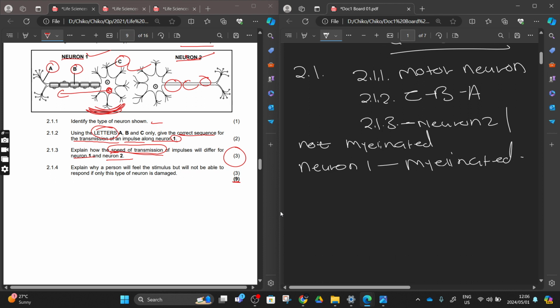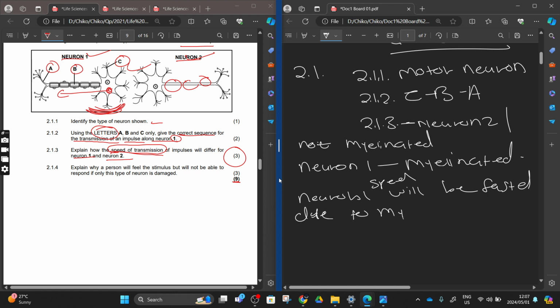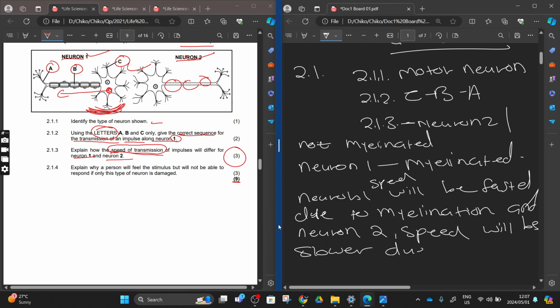Then you'll say neuron 1, the speed will be faster due to myelination, and neuron 2, the speed will be slower due to unmyelination of the neuron, right?